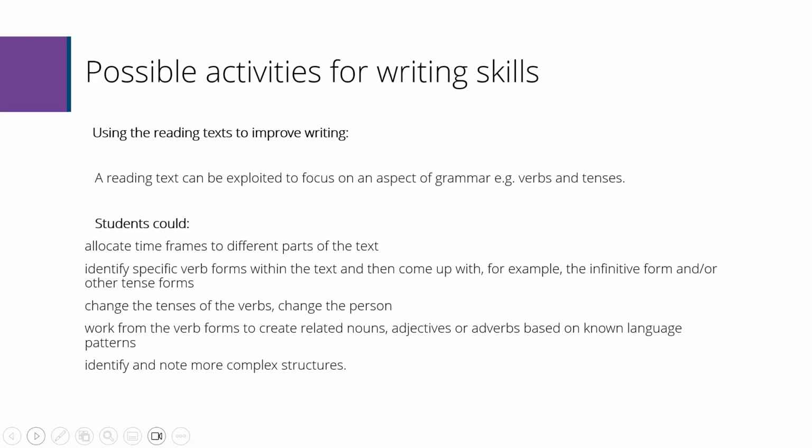So students could allocate time frames to different parts of the text. They could identify specific verb forms within the text and then come up with, for example, the infinitive form or other tenses. That's a good activity, to go through and find the verbs and then put them into the infinitive. They could change the tenses of the verb.